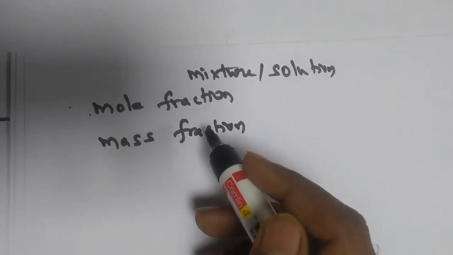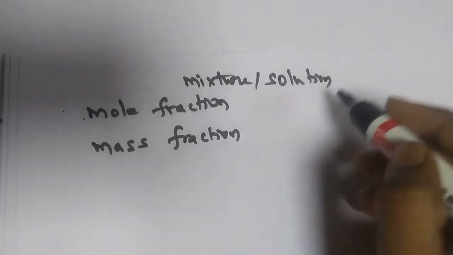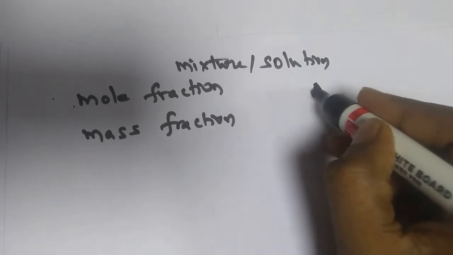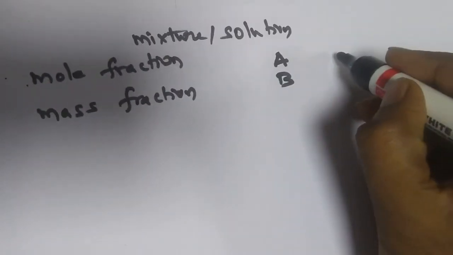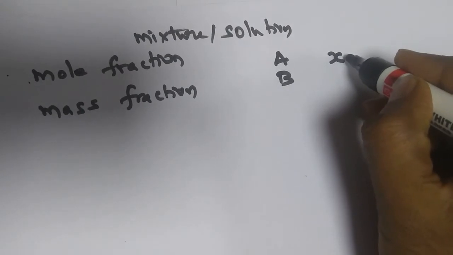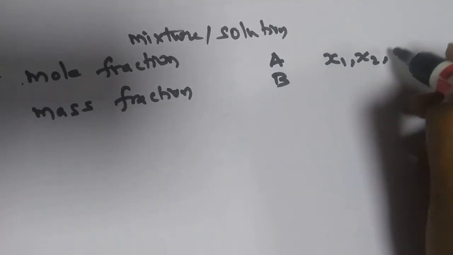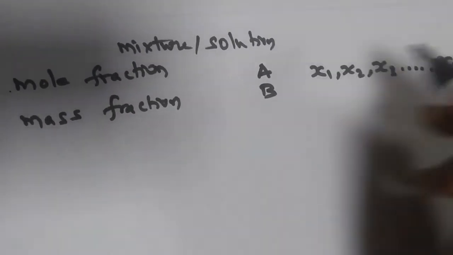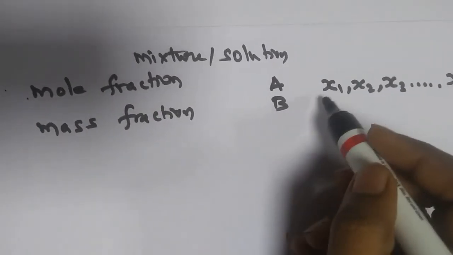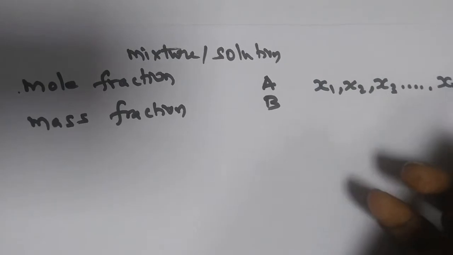For example, if it is a binary mixture, it may have two constituents A and B. If it is a multi-component system, we can simply label them x1, x2, x3 up to xn as the mole fractions, or it can be mass fractions in a similar fashion.